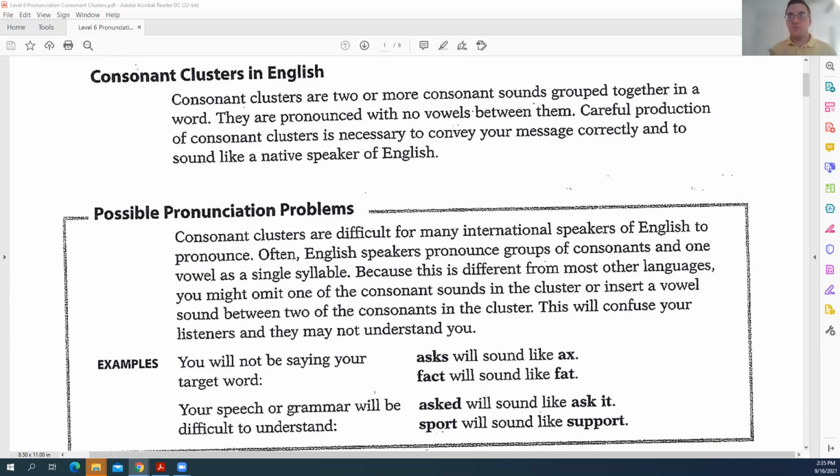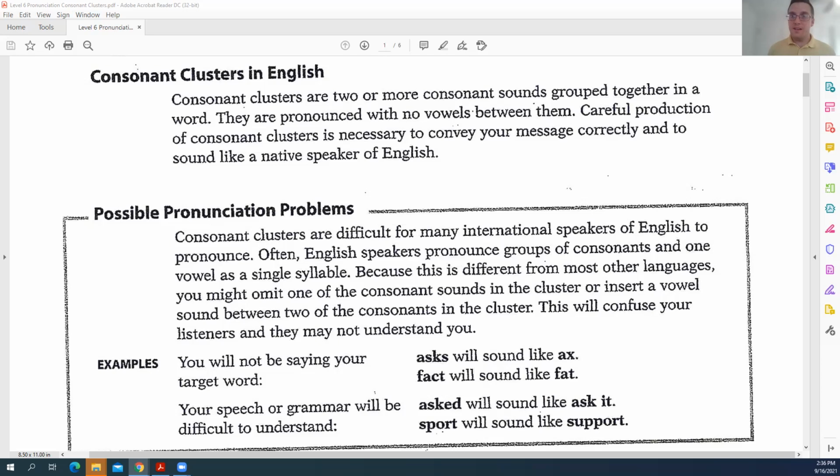The word sport, if you were to insert a vowel sound between the s and p, it might sound like support. So you want to say sport. What the native English speaker hears is support, which is a different word.